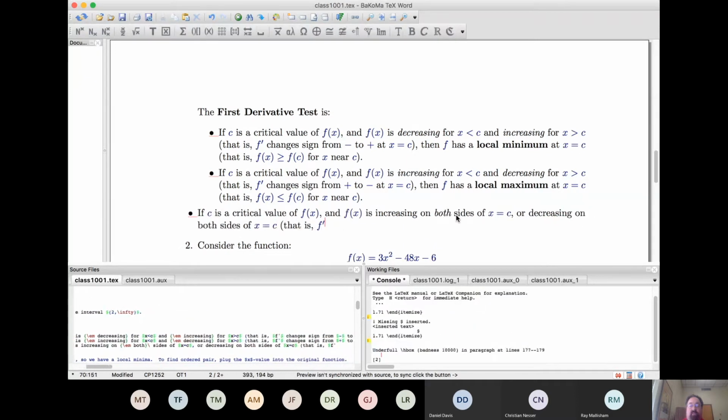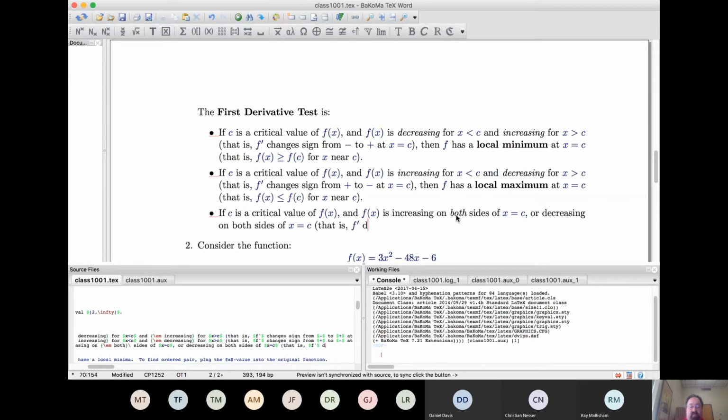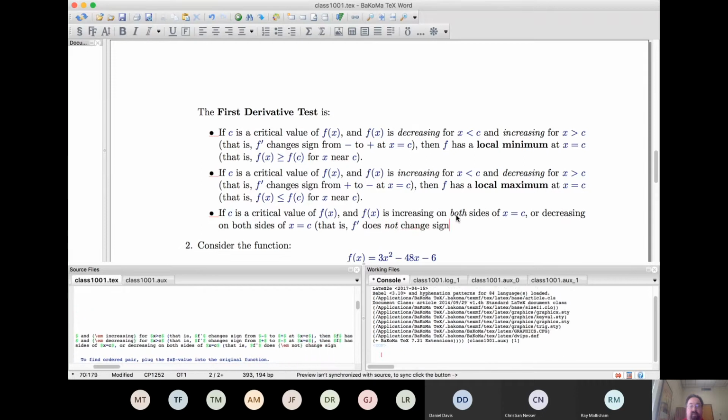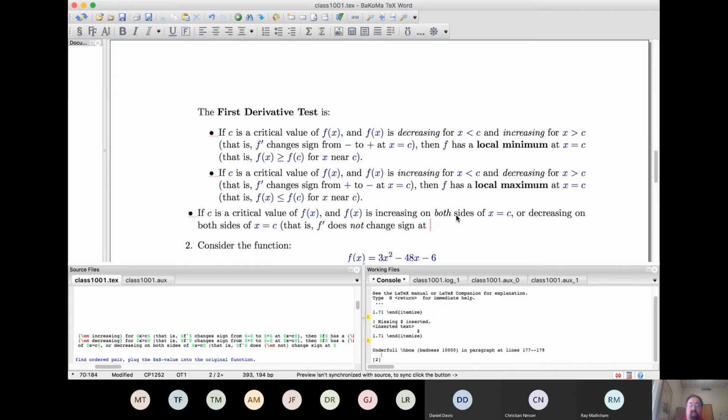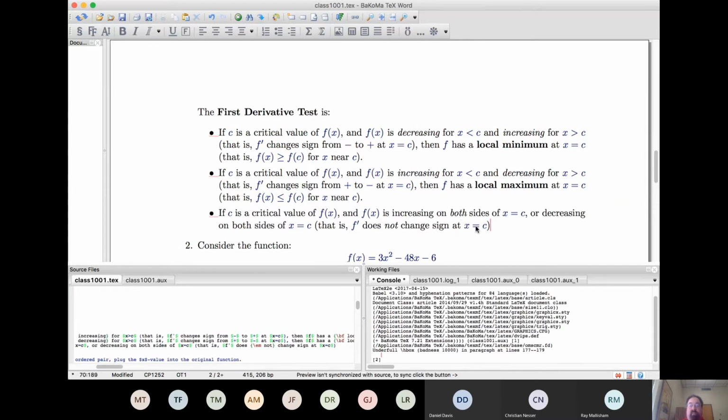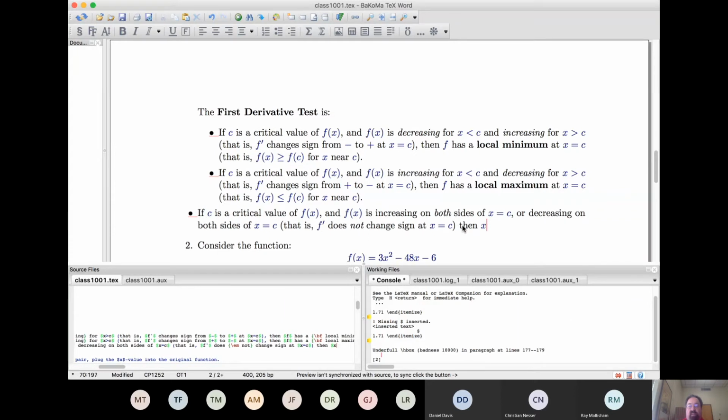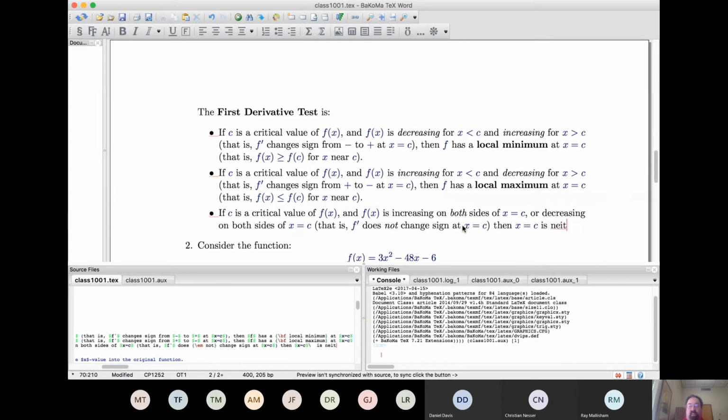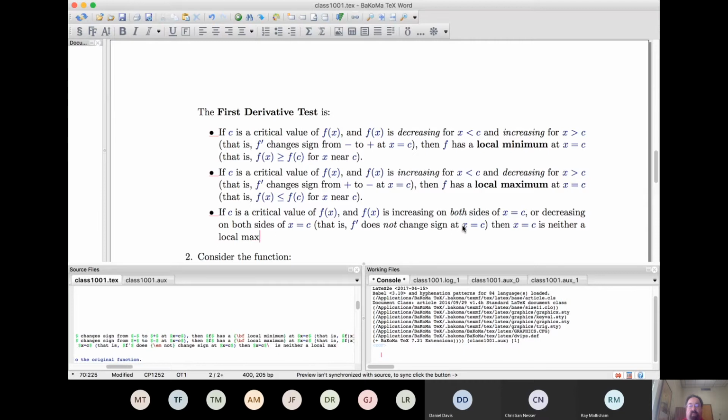So in other words, f prime does not change sign at all. So it may equal 0 at this point. As an example, the function is increasing, and then the graph goes flat at c, and then continues on after that. Then that point is not a maximum or a minimum.